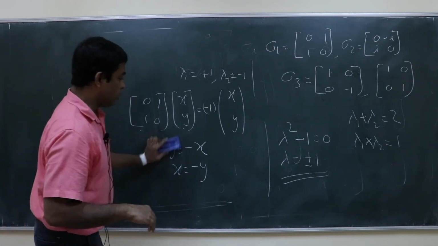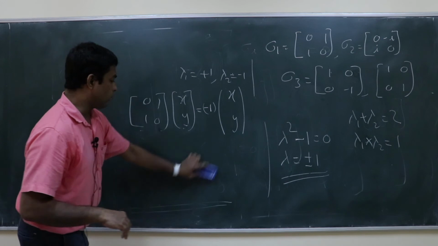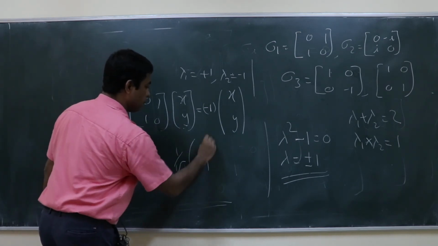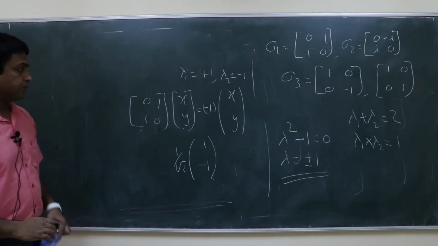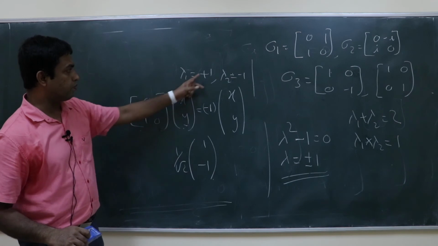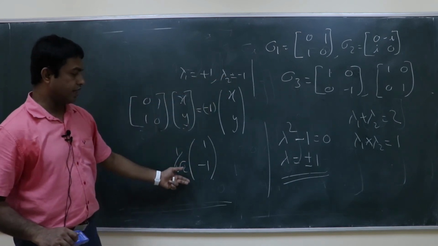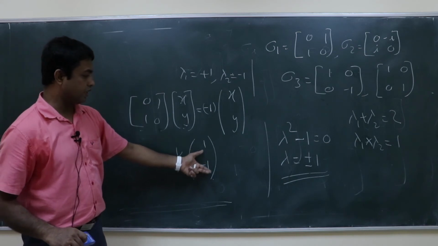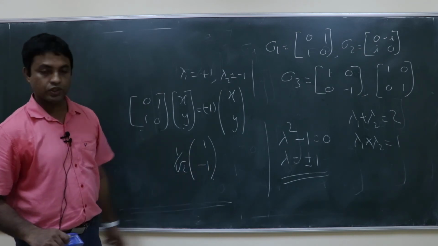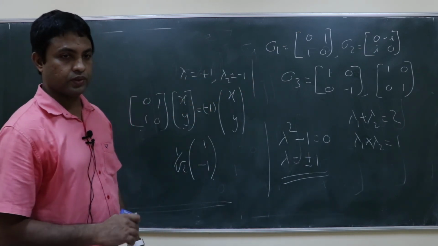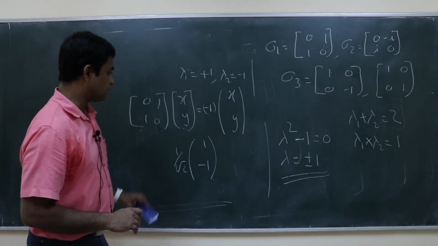If you normalize that, you get 1 by root 2, 1, minus 1. So there are two eigenvalues, plus 1 and minus 1, and they have the corresponding eigenvectors 1, 1 and 1, minus 1 respectively. Similarly you can do it for the other matrices; I give that to you as an exercise.